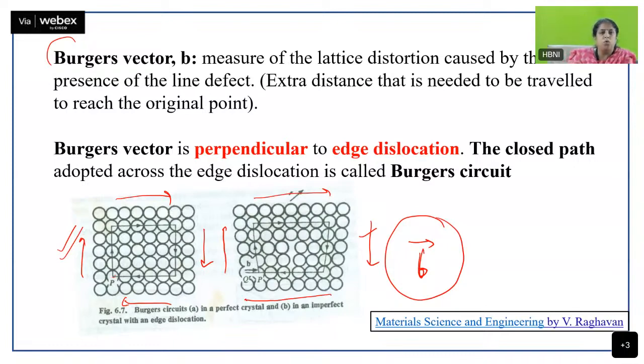Now your Burgers vector, if you see, it is this. But your edge dislocation is going inside the screen of the material. That means in case of edge dislocation, the Burgers vector is perpendicular to your edge dislocation. This is something that you have to remember.